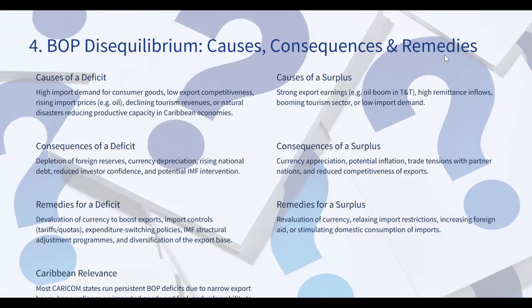So if we have a deficit, we need to do something to fix it. We could use tariffs or quotas to reduce imports. Or we could try to encourage exports by devaluing the currency. If we devalue the currency, it increases exports and reduces imports.